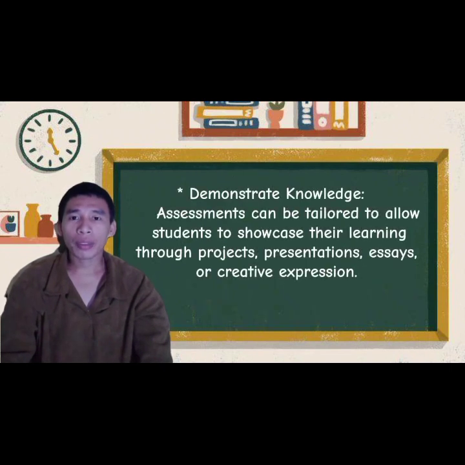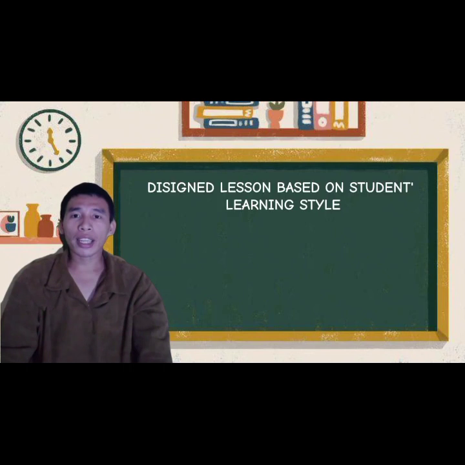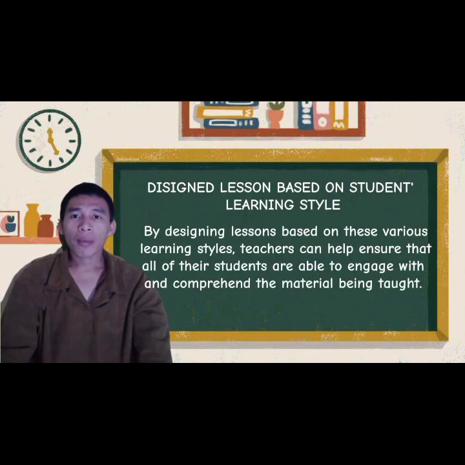Demonstrate knowledge: assessments can be tailored to allow students to showcase their learning through project presentations, essays, or creative expression. Differentiated learning means designing lessons based on student learning style. By designing lessons based on these various learning styles, teachers can help ensure that all of their students are able to engage with and comprehend the material being taught.